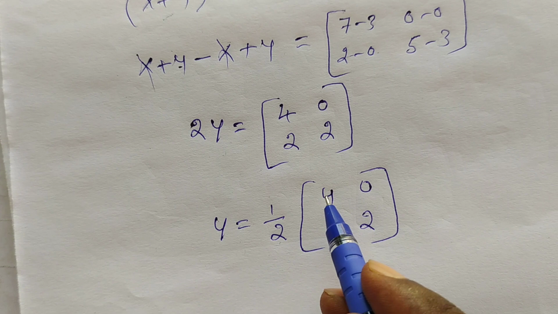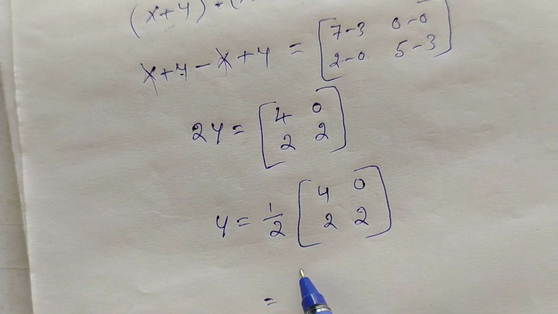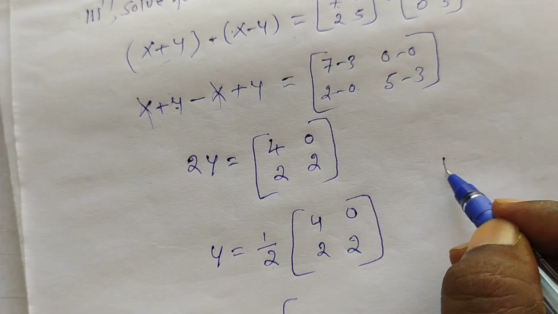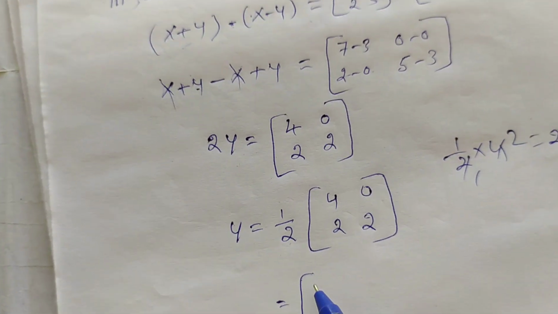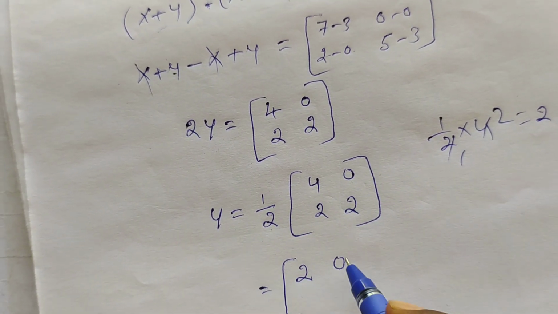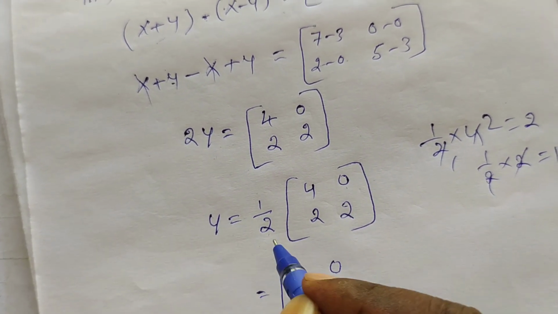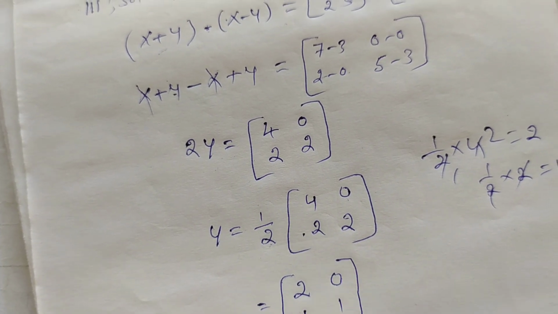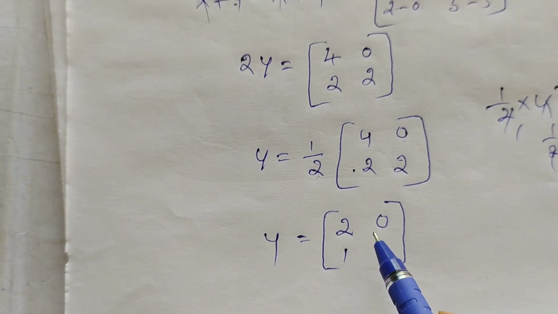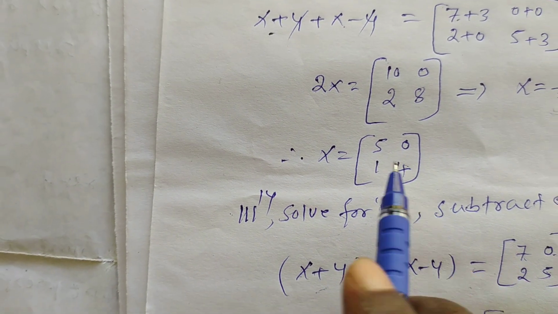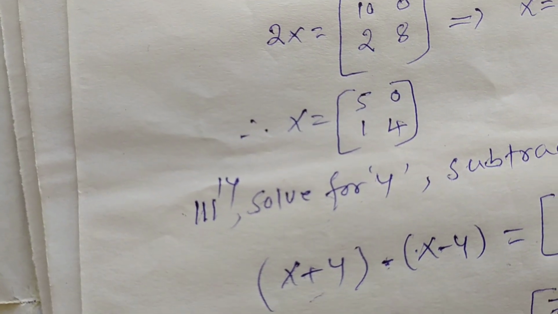Multiply this scalar with all elements of the matrix. 1 by 2 into 4 is 2. 1 by 2 into 0 is 0. 1 by 2 into 2, the 2s get cancelled, that is 1. 1 by 2 into 2 is also 1. This is the value of Y, and this is the value of X. This is how we find the value of capital X and capital Y.